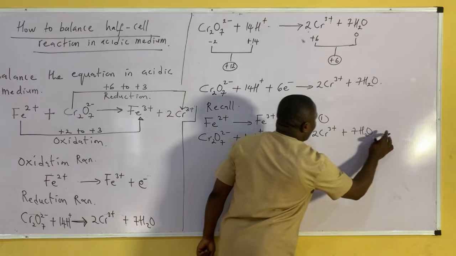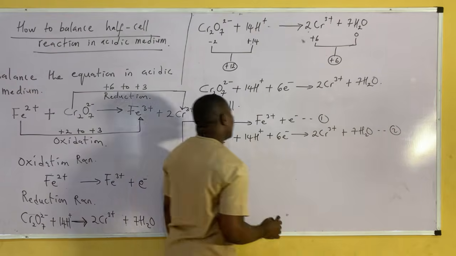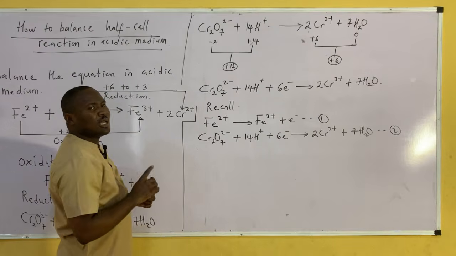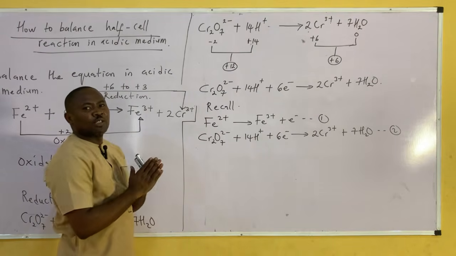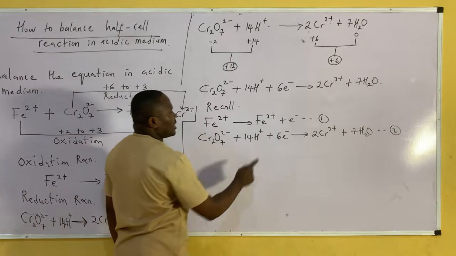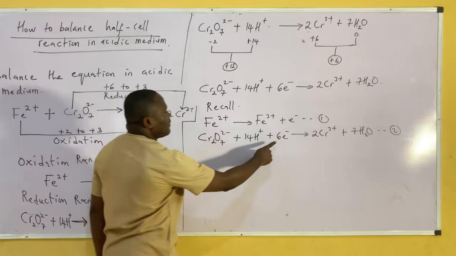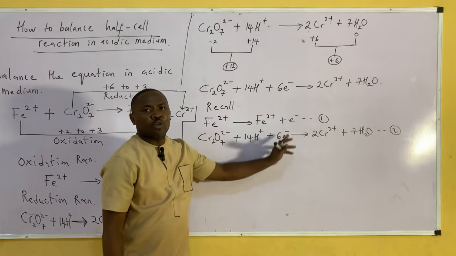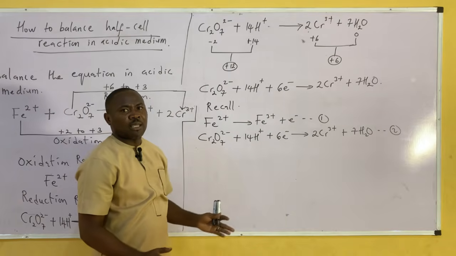So this is our equation 2. Now, if you look at equation 1 and equation 2, there is something that is common but is not equal. I have electron here as 1 and I have electron here as 6. So these electrons are not equal. They are not balanced in their magnitude.